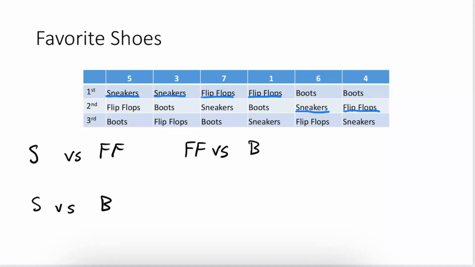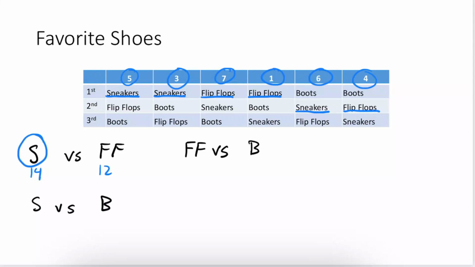So sneakers has a total of 5 plus 3 plus 6 points, which is a total of 14 points. And then flip-flops has a total of 7 plus 1 plus 4, and that would be a total of 12 points. And so that means that sneakers won that pairwise comparison.